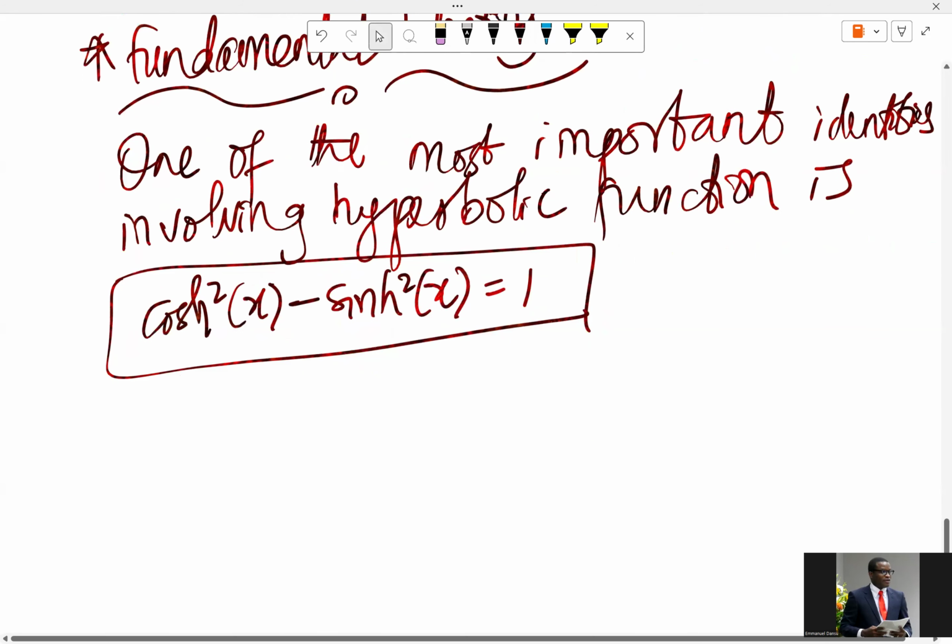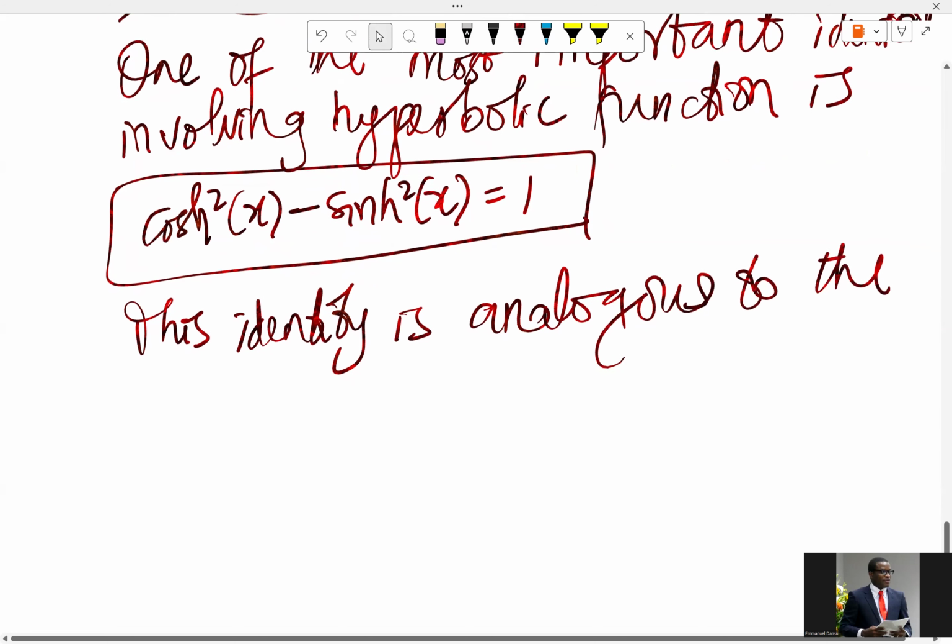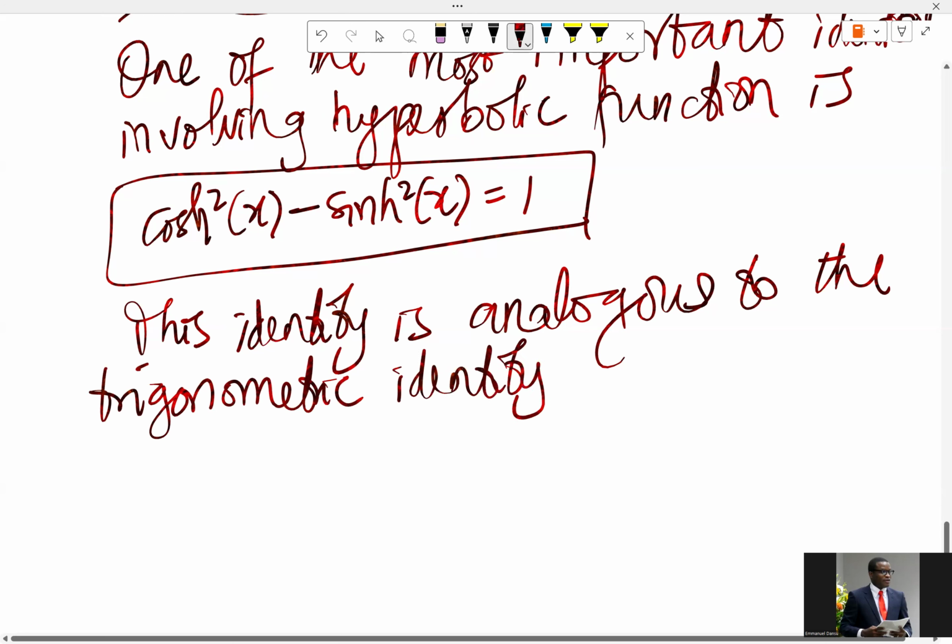So this identity is analogous to the trigonometric identity, which is cos squared x plus sin squared x is equal to 1.